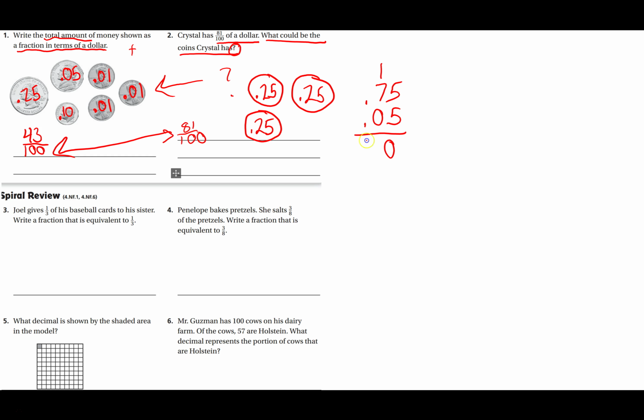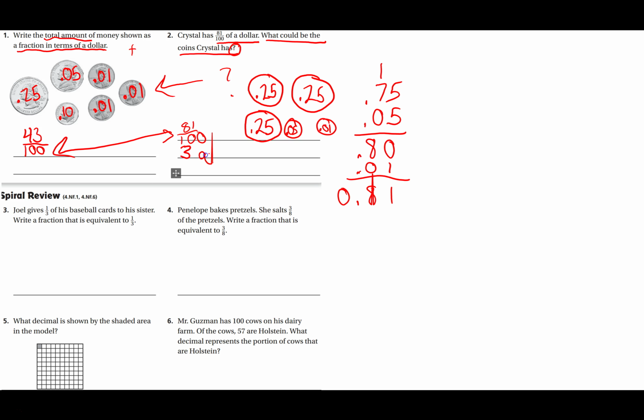Carry my 1, 8. 80 cents. So that'll work. I'm not quite where I want to be yet, but I haven't gone over. So I'm going to get a nickel. And then I have 80 cents. I want to get to 81, so I need a penny, which is worth just 1 cent, right? 1/100th of a dollar. And that would get me to my 81 cents.